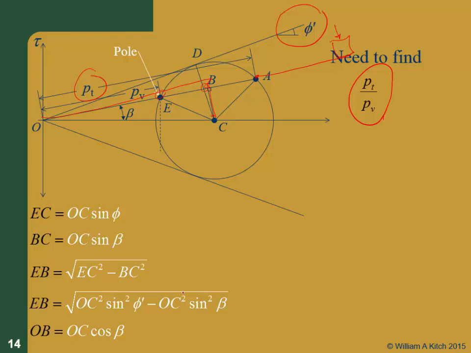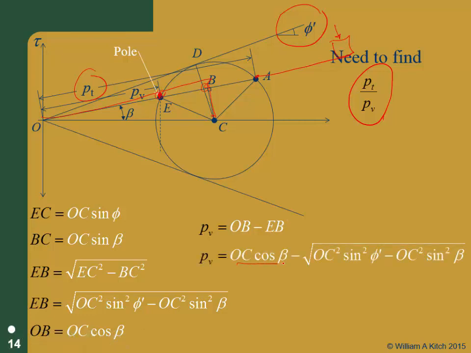So now I know all these elements of those two triangles, which is what I need to calculate my stresses. Okay, so PV, which is the stress at that point, has got to be OB minus EB.